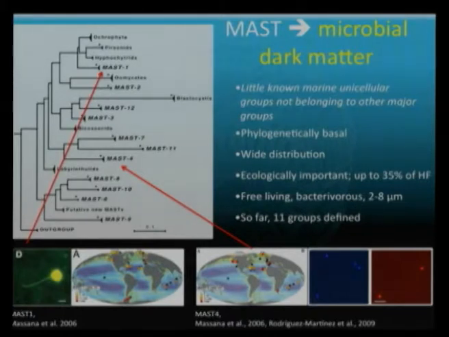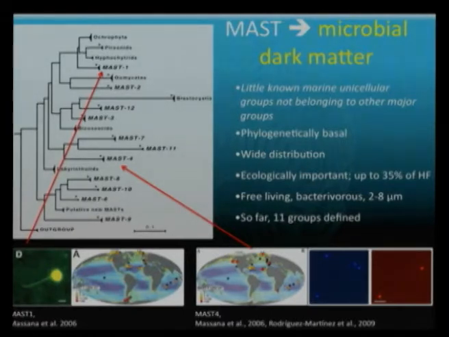they are small groups, or sometimes larger groups, but they are not related to any of the major groups. They are quite basal in the phylogeny, so we might speculate about the early origin of the groups. They have a very wide distribution in the oceans, and they can be ecologically very important.